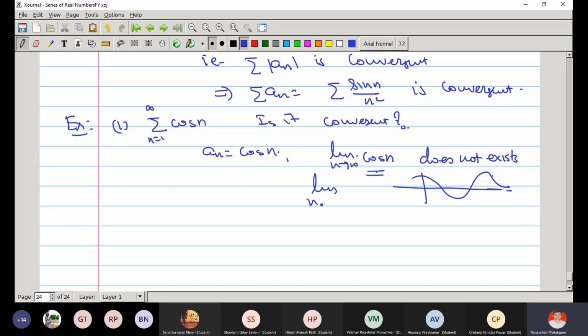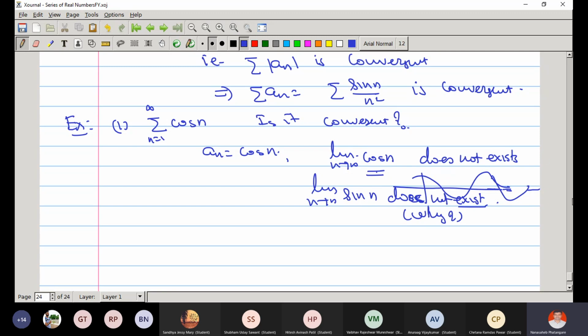Similarly, the limit as n tends to infinity of sin n does not exist. Remember this. We may discuss why later, but the simple reason is the graph of sine and cos. As n tends to infinity, it is not going to settle at any particular point.